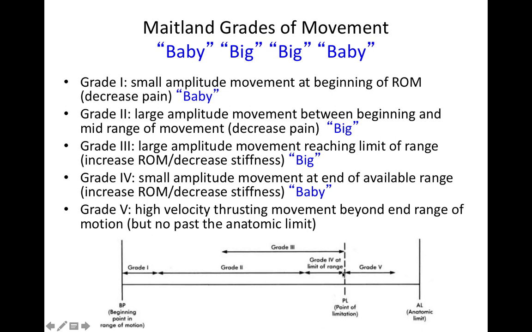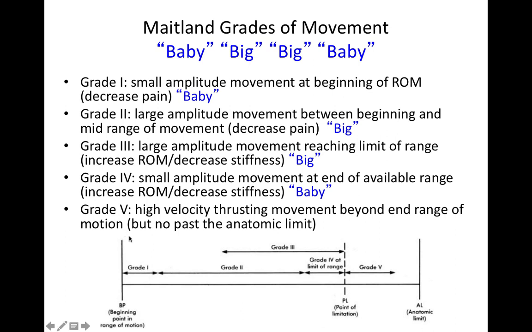A grade 5 is a high velocity thrust movement beyond the range of motion, but not past the anatomical limit or anatomical barrier, which here is illustrated by AL. A mnemonic that we often use to remember the grades is baby, big, big, baby.